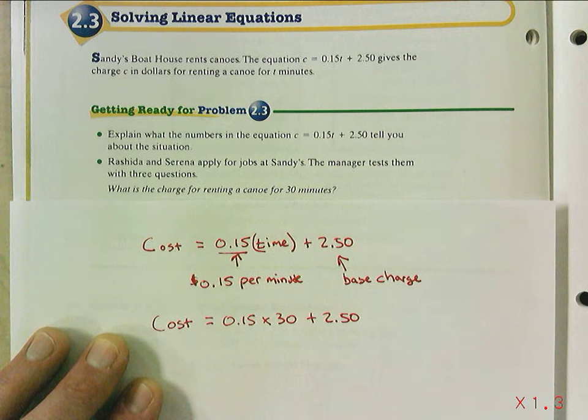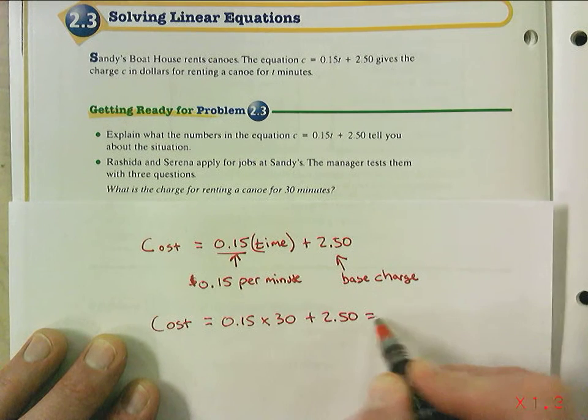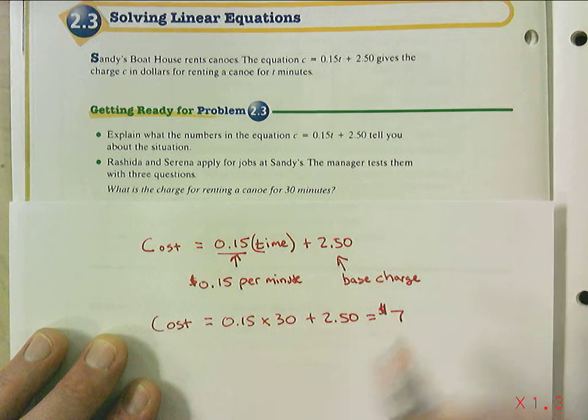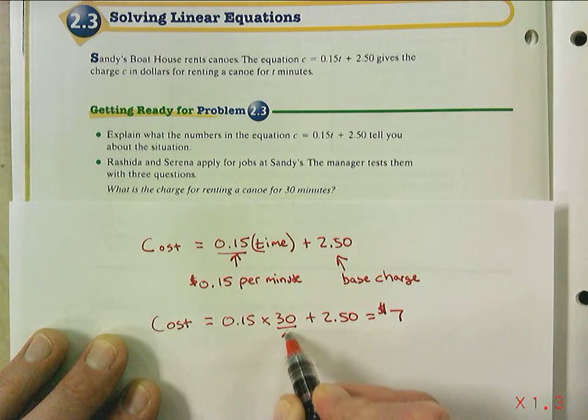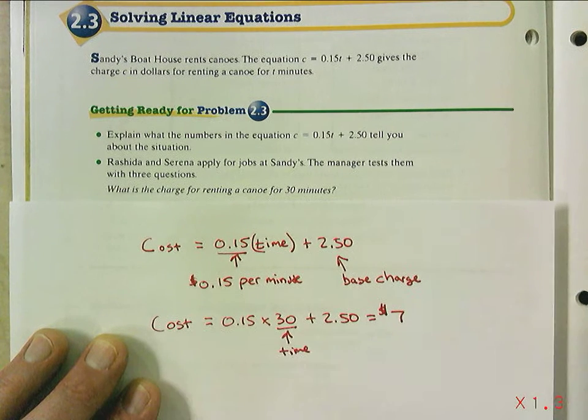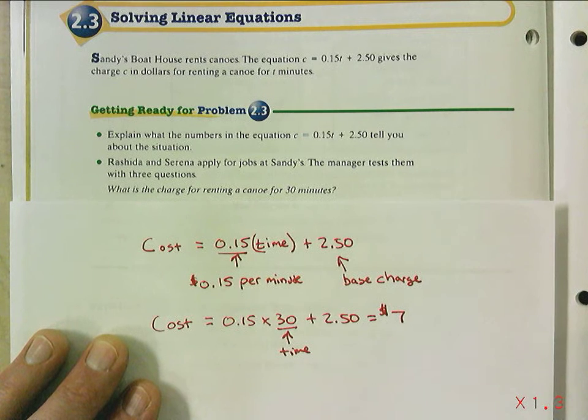And so when we do that calculation, we take the 0.15 times the 30 and then add the $2.50. And if you do that correctly, it should come out to $7 for a 30-minute canoe rental fee. So that would answer our first question for 30 minutes.